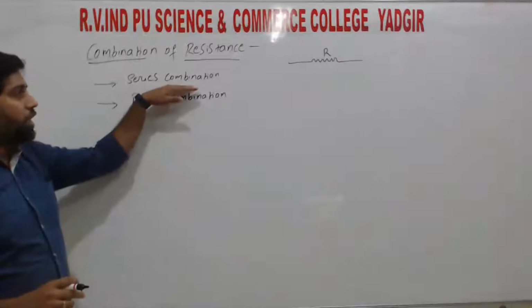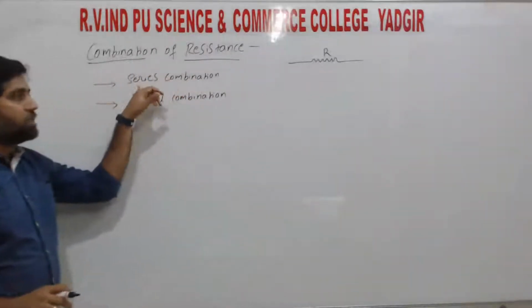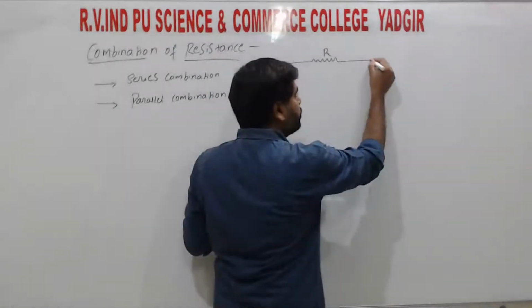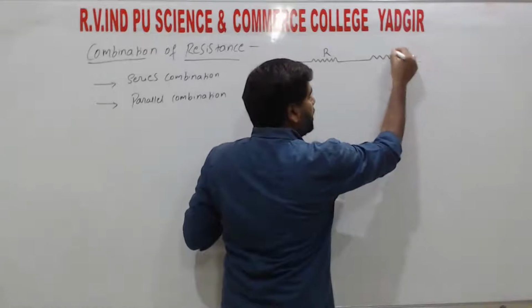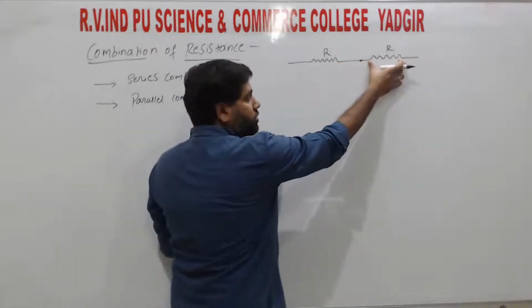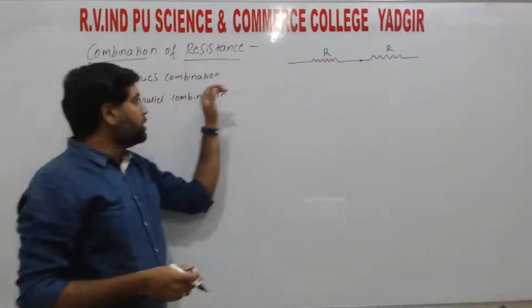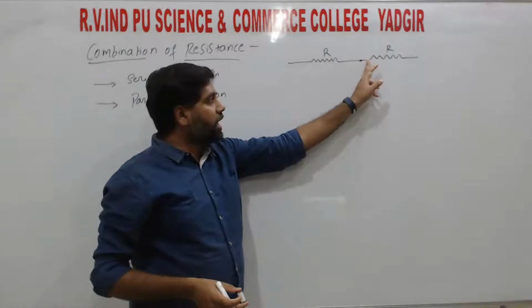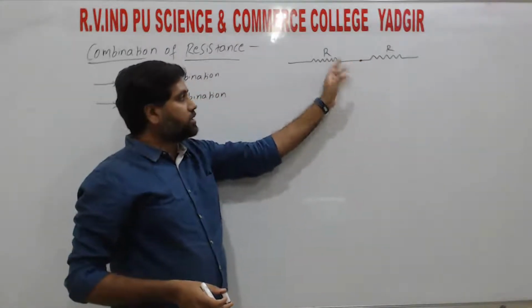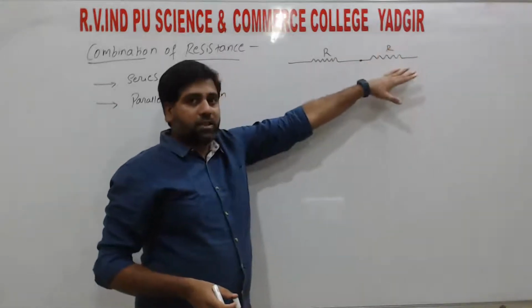So series combination means if we want to join two or more resistors in series, only one end of a resistor is connected to the other end of another resistor, right? So this is one resistance and this is another resistance. Joined in series, only one end is connected to the other end of the other resistor, and the other two ends are left as they are.